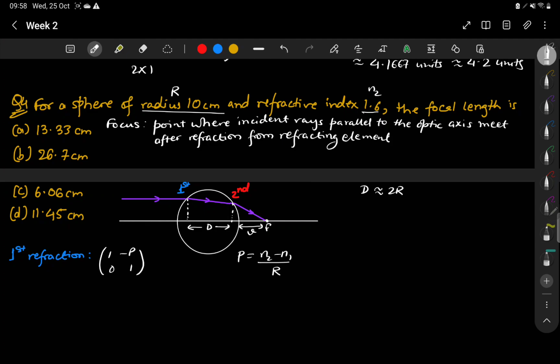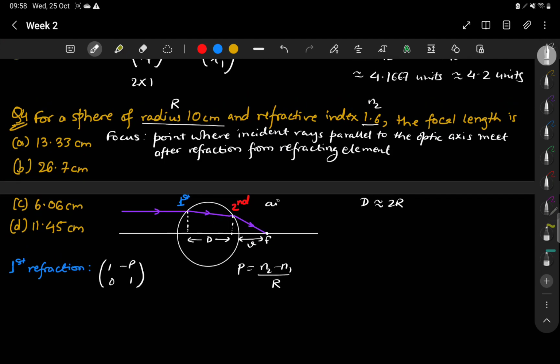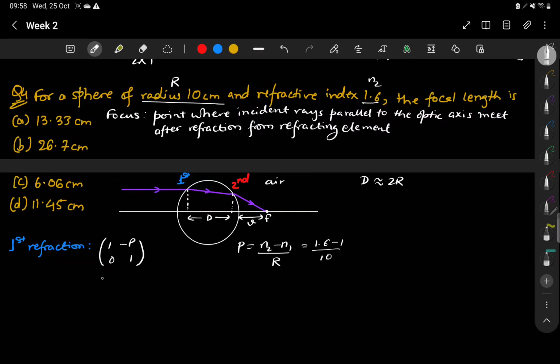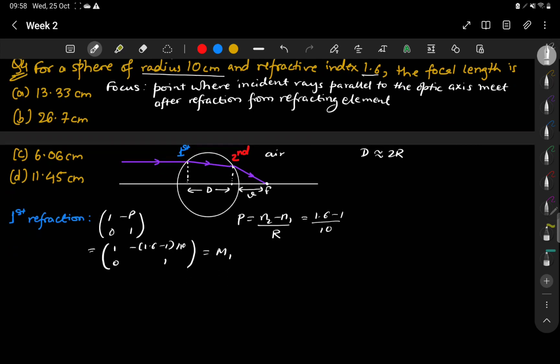This is N2 and this surrounding medium is air. And radius is 10 cm. This is the first matrix.